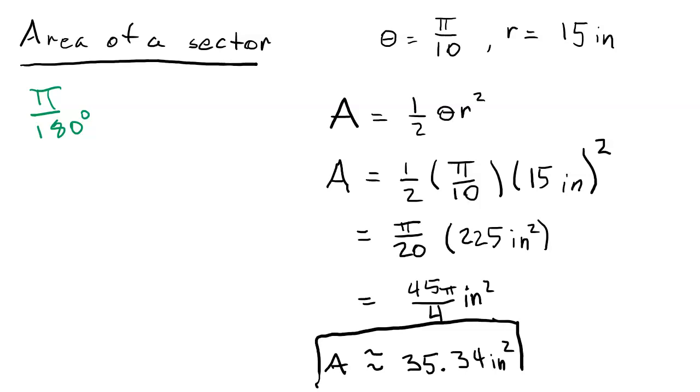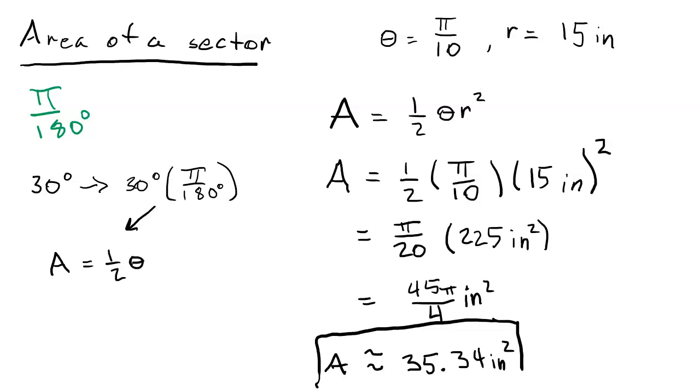So if you are given some angle, 30, as your theta instead of pi over 10, then you just transfer that to radians by multiplying by pi over 180. You get some radian angle, and then you plug this in to area is equal to 1/2 theta r squared.